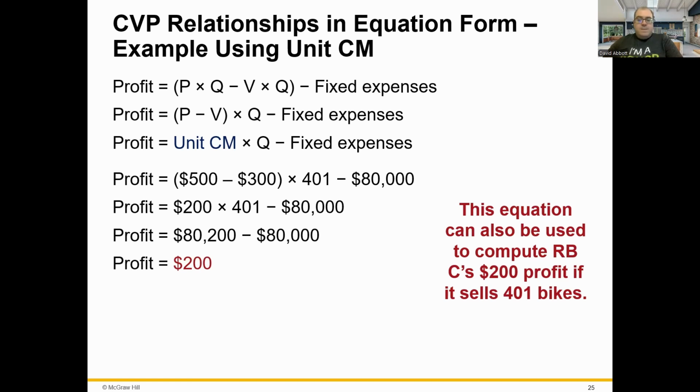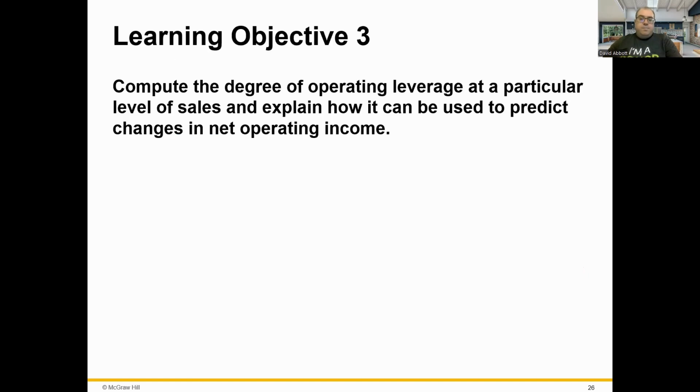So 200 times 401 is 80,200. And so 80,200 minus 80,000, our profit or net income, is going to be 200. And this equation can also be used to calculate their $200 profit if it was to sell 401 bikes.